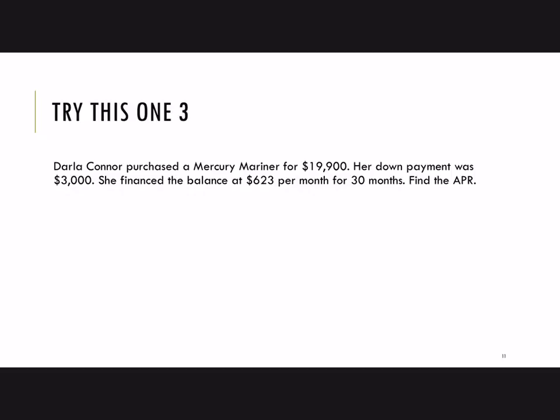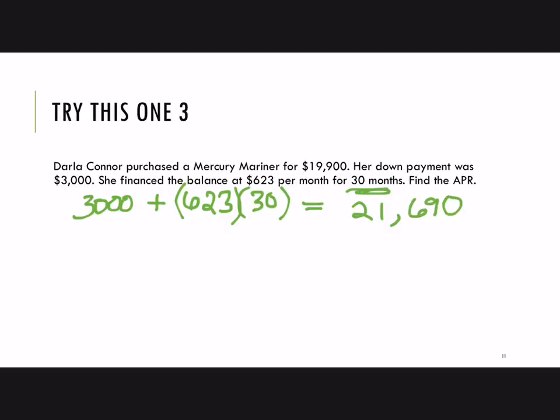So we know she paid $3,000 down, and then the rest of the cost of the car, the balance, she paid off in 30 monthly payments of $623. So $623 times 30. She paid $21,690.